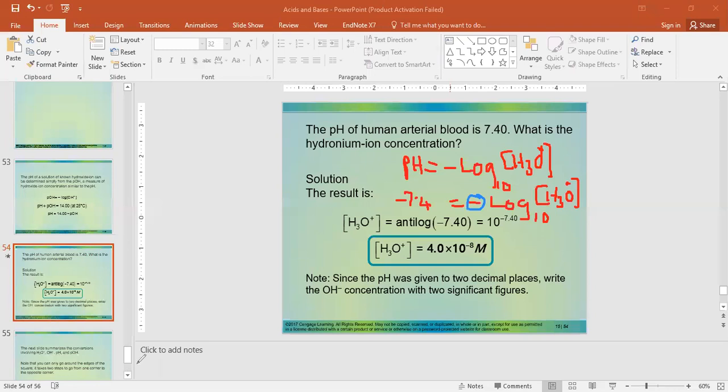Now you can get the anti-log, meaning that you take 10 to the power negative 7.4, and that is going to give you the concentration of the hydronium ion directly. Is it clear? Yes. Okay.